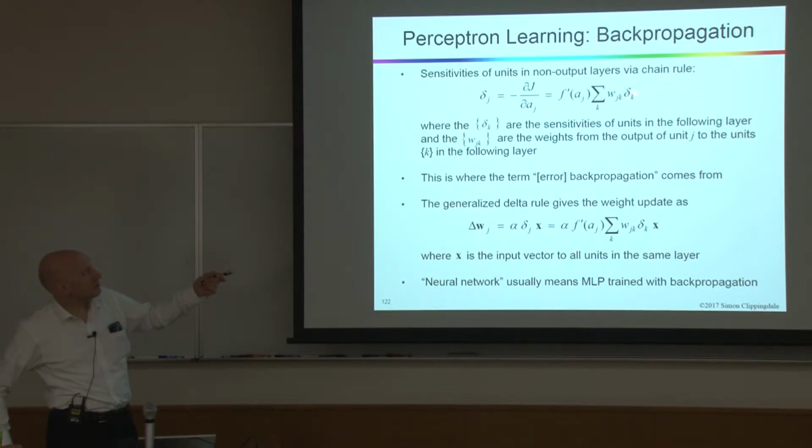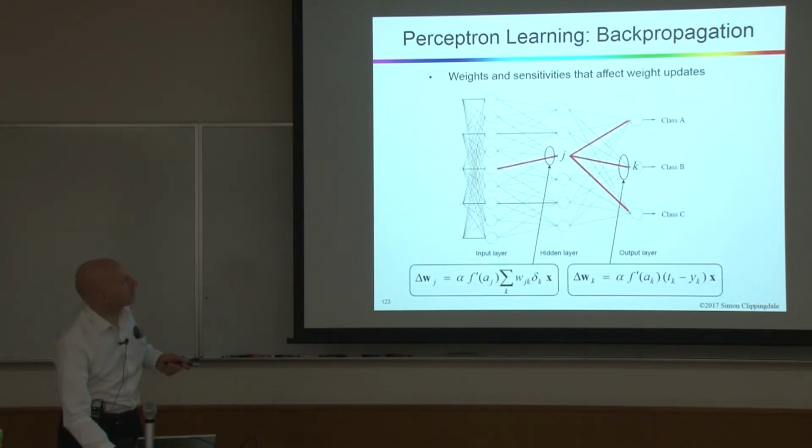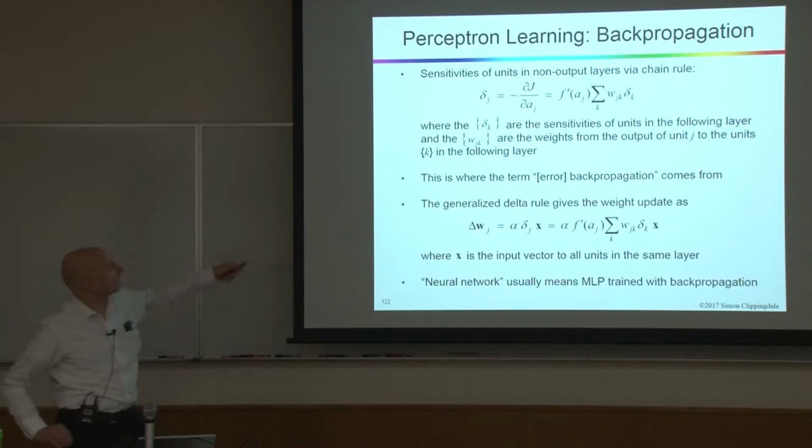Here's the weight that connects that unit back to the previous layer, and this is the activation of a unit in the previous layer. I'll break out a picture in a minute. Here we go. Unit K in the output layer, unit J one layer back. These three weights here are the weights from unit J to unit K.